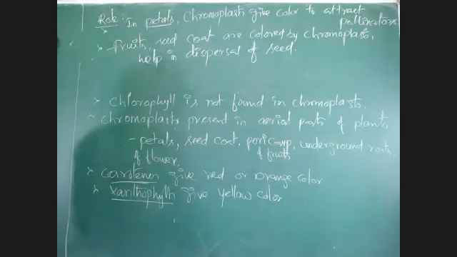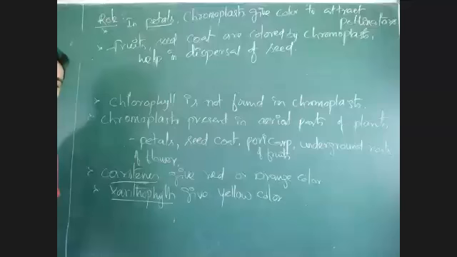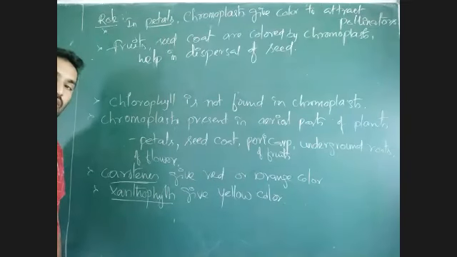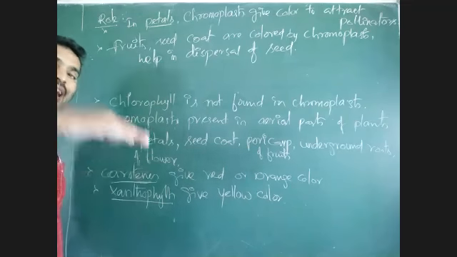What is dispersal of the seed? Dispersal of the seed means transfer of seed from one area to another area. Why is there a need for transfer of seed? Seed is normally produced where the plant is undergoing sexual reproduction. But once seeds are produced, they should be carried to other places.